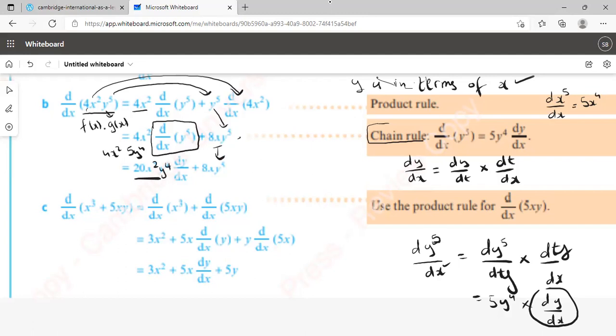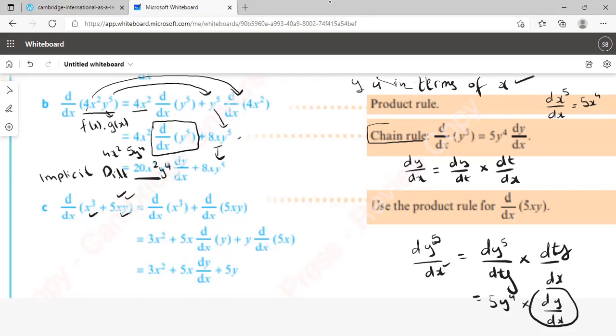Okay. Again, you have been asked to differentiate an expression. Now, this expression is a mixture. You have y, you have x, and you have a clue that this is the case of implicit differentiation. Right. This is what we know. Okay. So again, we will be differentiating this function and we will be differentiating this function.